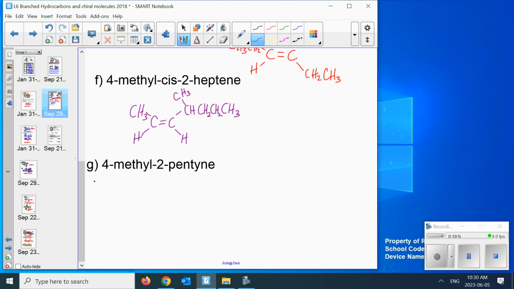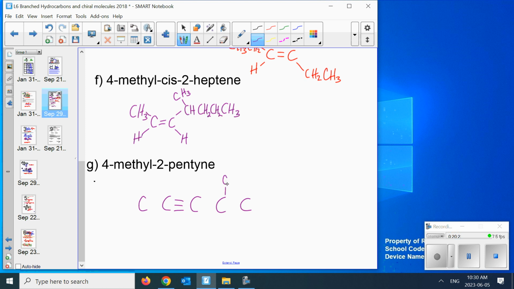So, I'm going to put 5 carbons in a row. Okay. Now, 2-pentyne. So between the second and third carbon, triple bond. 4-methyl. 1, 2, 3, 4.